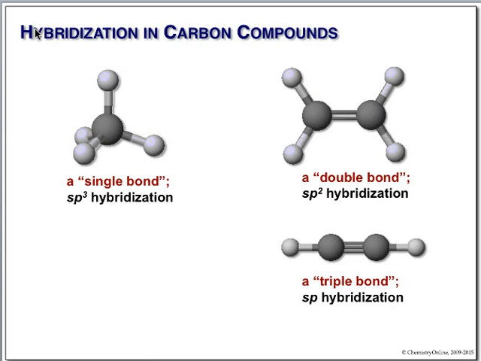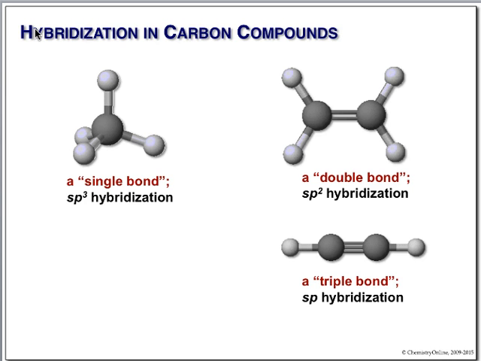All right, back in chapters 1 to whatever, we talked about hybridization. We said that carbon has a valence of 4. It will typically form 4 bonds. We can have single bonds around our carbon, sp3 hybridization. We can make a carbon-carbon double and triple bond.